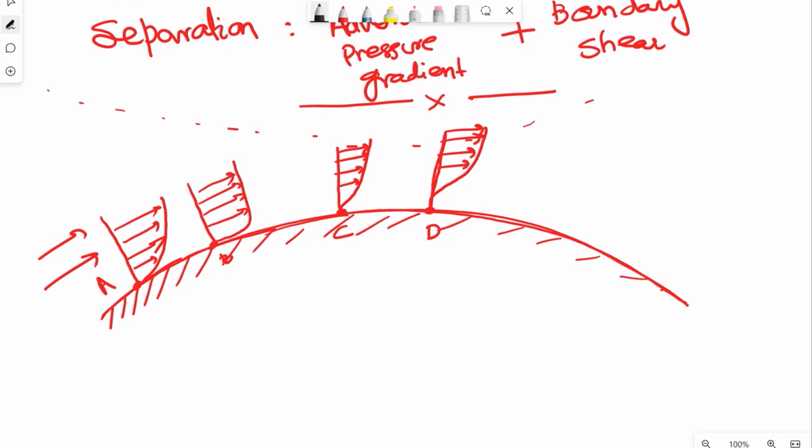Exactly at this point, the flow gets separated. This is what is happening. And once the flow gets separated, if I take any point E here, the velocity distribution is like this.